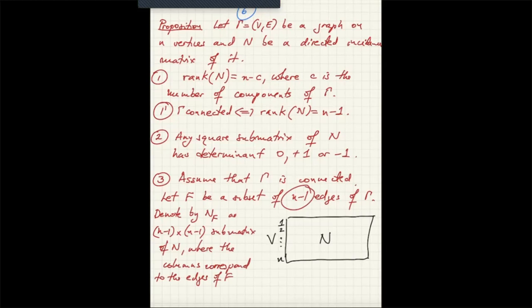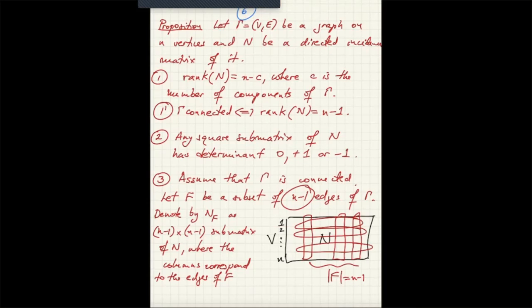So these edges, maybe they're spread out all over, I don't know. Let's say in this picture there are 3 of them. So that would be F. So you keep those columns, and you remember that cardinality of F is n-1. And then from the rows, we keep n-1 rows.